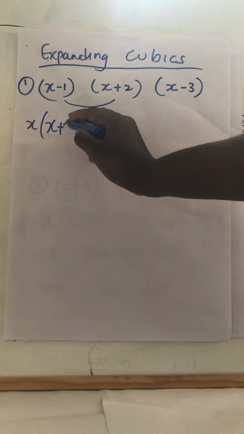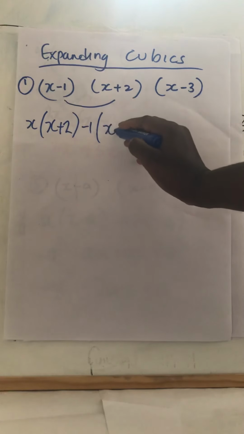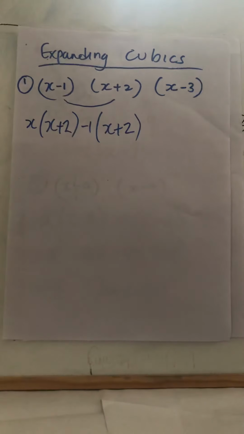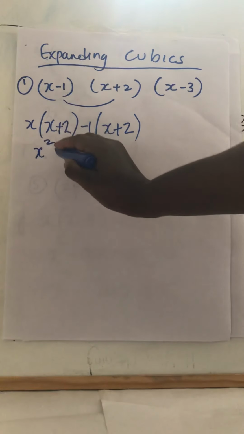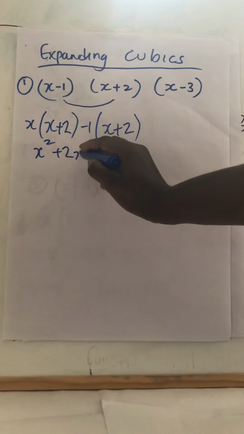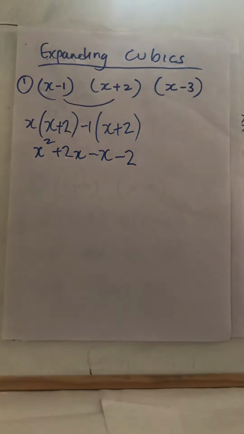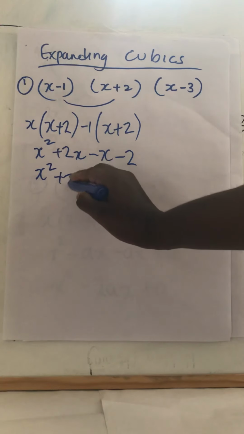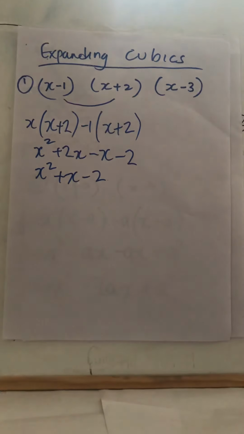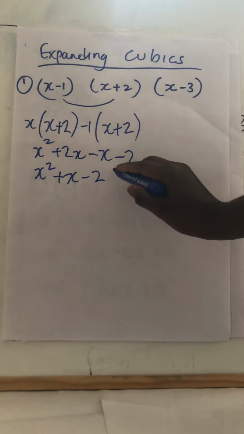x plus 2 minus 1, x plus 2, such that I have x squared plus 2x minus x minus 2. So that I'm going to have x squared plus x minus 2. Remember, we have x minus 3 here.